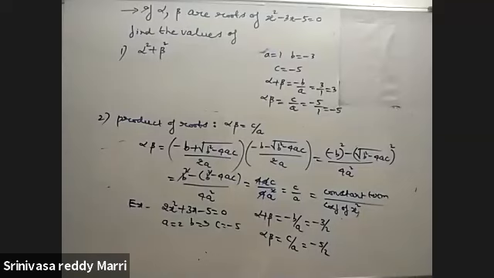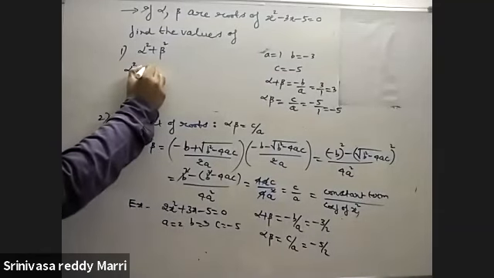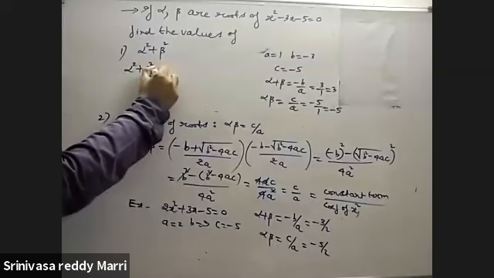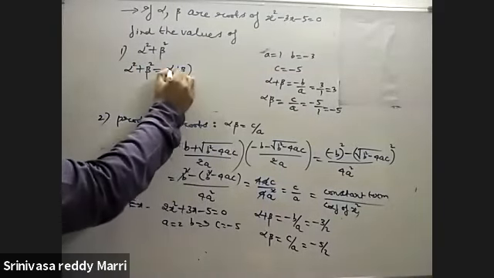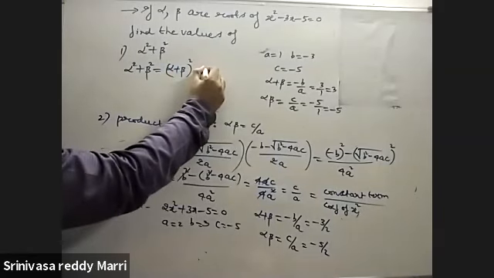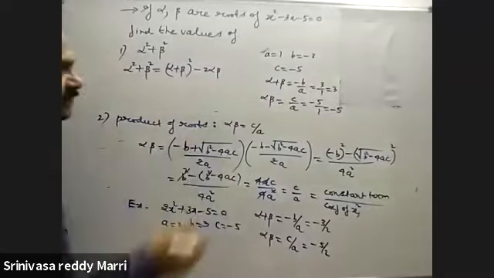So try to find out that one. Look, a square plus b square, that is alpha square plus beta square, is nothing but alpha plus beta whole square minus 2 alpha beta, because these two values you know.